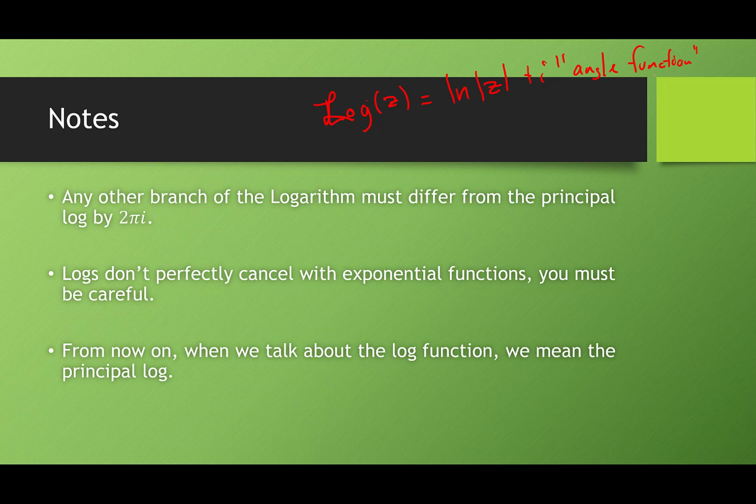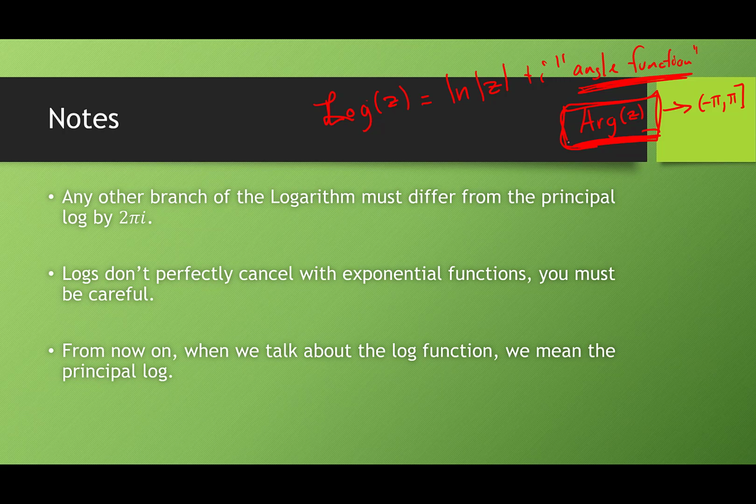Well, if we're using the principal log, then this angle function for us is arg of z, where this angle is coming from negative pi to pi. Okay, but again, you could define another angle function, but at worst, it's just going to be a multiple of 2 pi off of the argument of z.